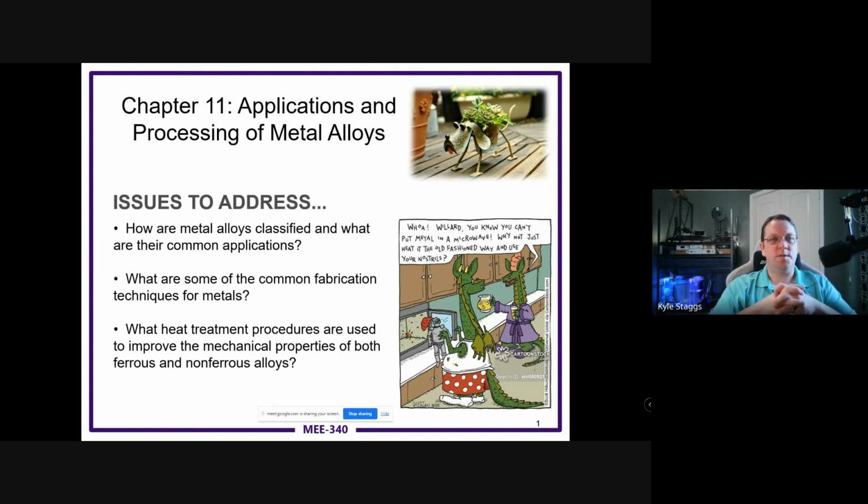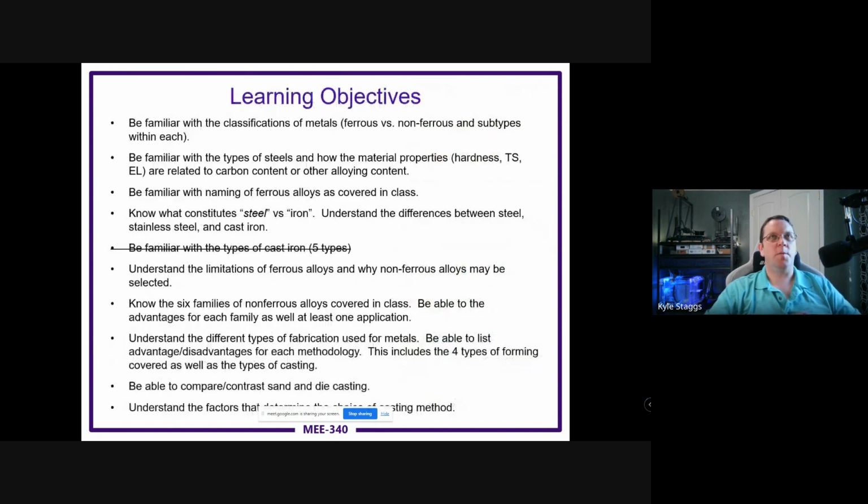So in lab this week, this is really relevant, because we're going to be doing a heat treatment lab. There's a lot going on there. These are things that we do to improve the performance of a lot of different alloys, both ferrous and non-ferrous. So we'll talk a little bit more about what those things mean.